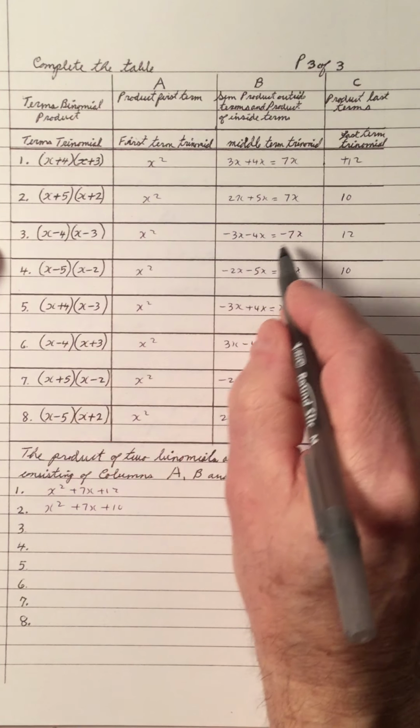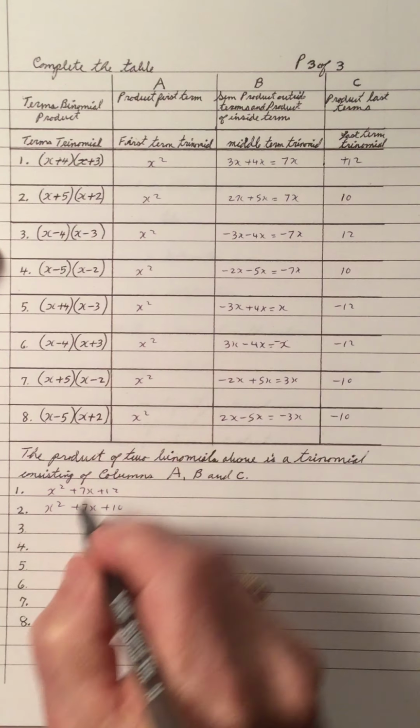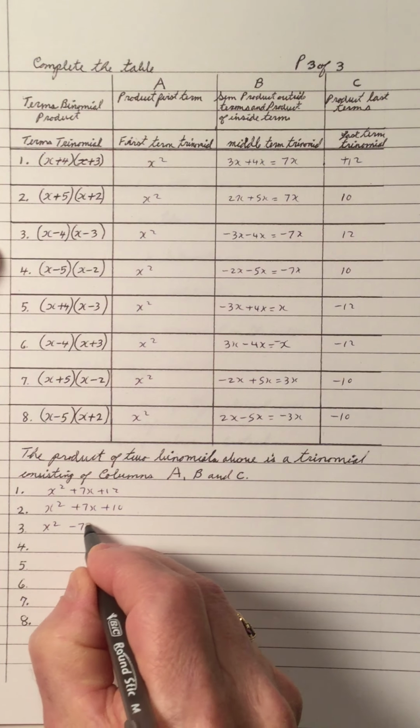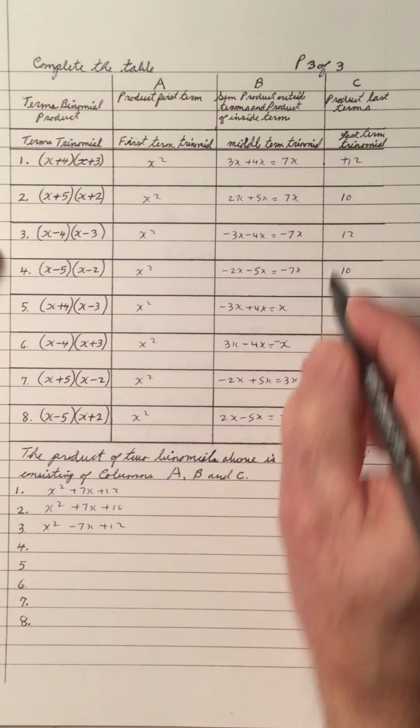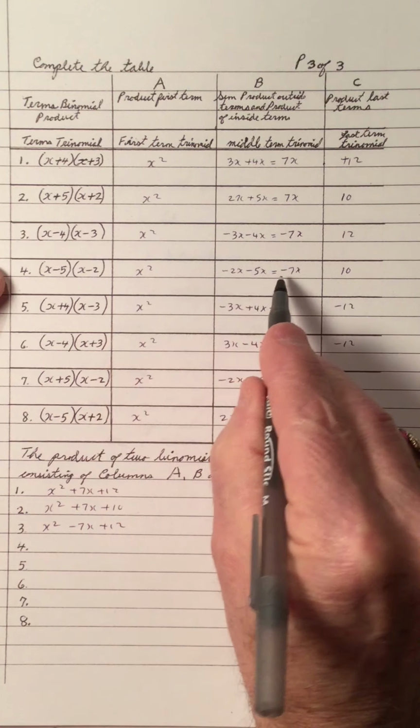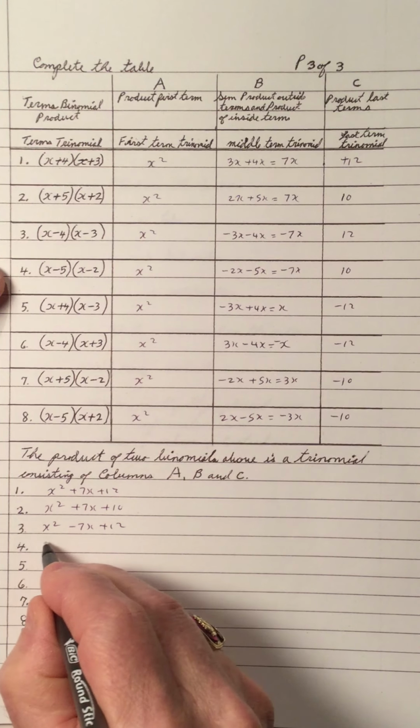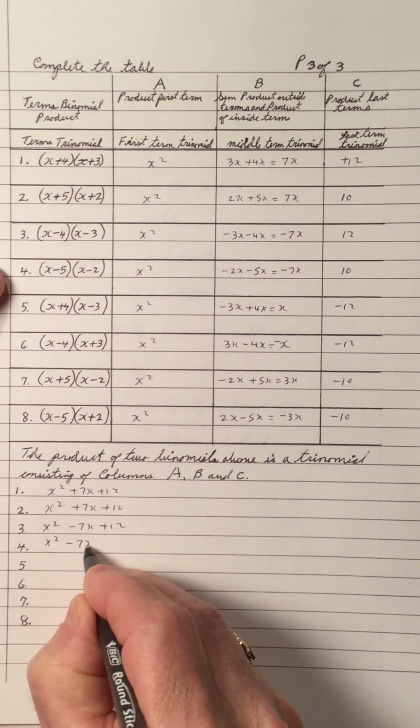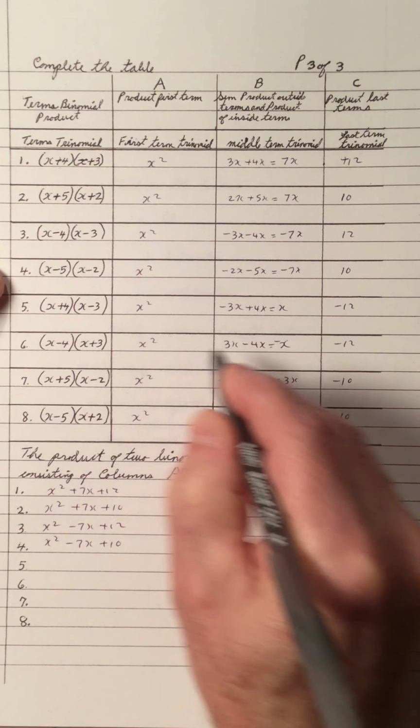Number 3 is x squared minus 7x plus 12. Number 4 is x squared minus 7x plus 10.